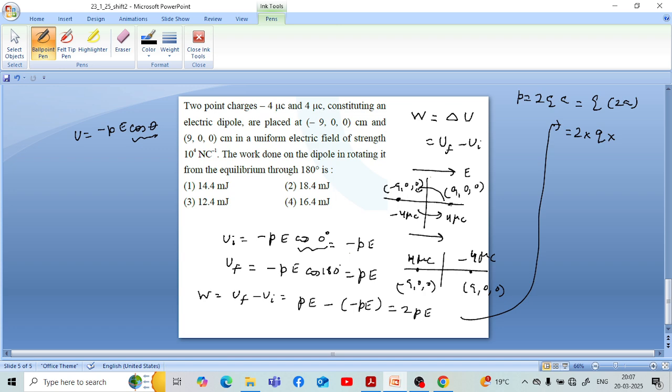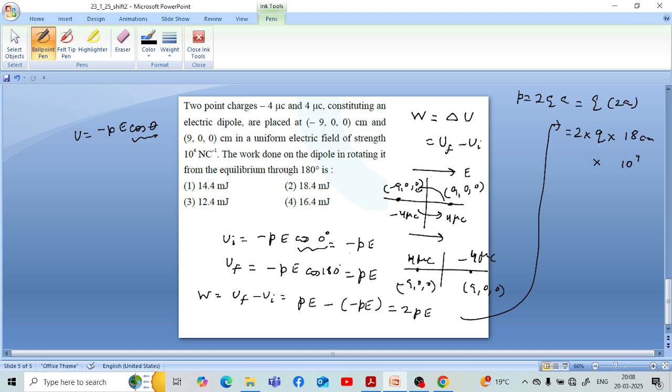You can easily see from this figure that one position is (-9, 0, 0) and another position is (9, 0, 0). It means that the total length of the dipole is 18 centimeters. So 2a is 18 centimeters, and this is multiplied by E, where the value of E is 10 raised to the power 4.